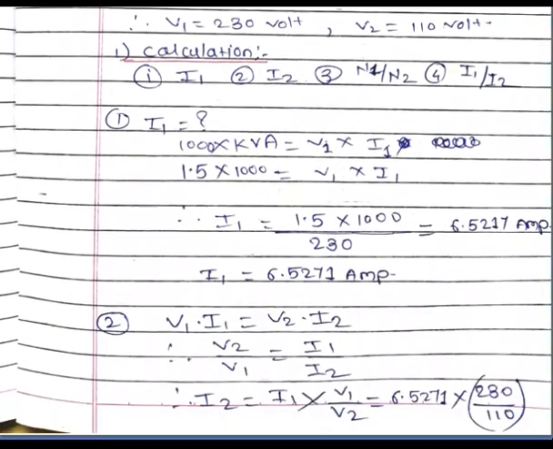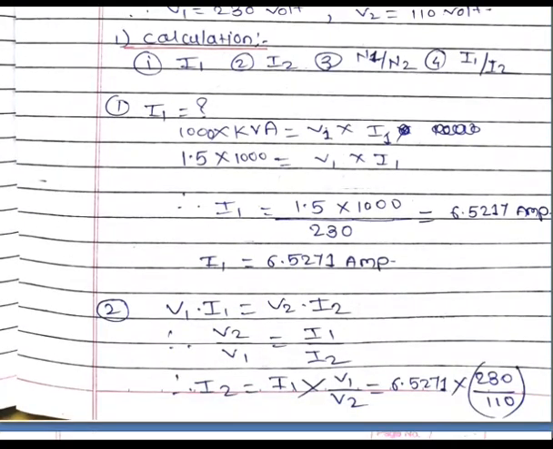First we calculate the value of I1, in which we use the formula for calculation of current. kVA is equal to V1 into I1. We convert this kVA into volt ampere. That is, 1.5 into 1000 is equal to V1 into I1. Then we transfer the voltage V1 to the left hand side.